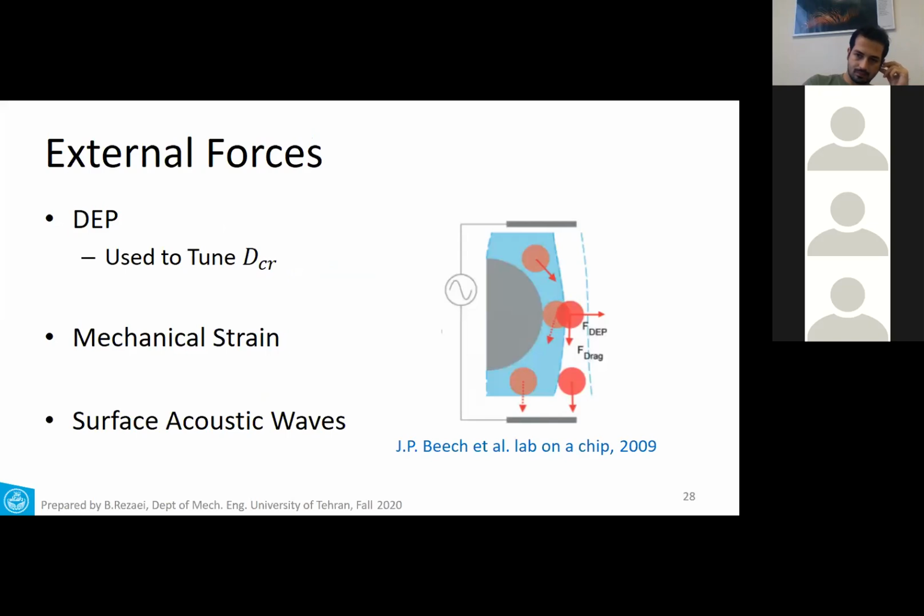You can see in the right image that when the dielectrophoresis force is applied on the particle, we can change the path and the way that particles move. And there have been some other external forces like mechanical strain or surface acoustic waves.